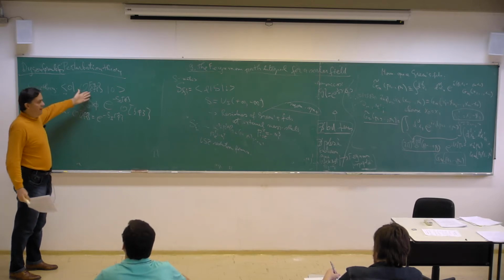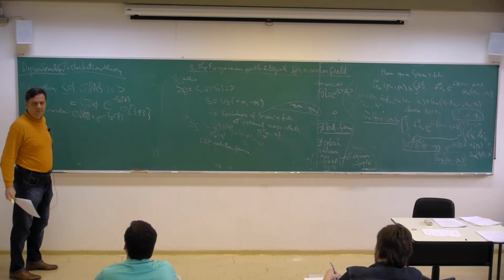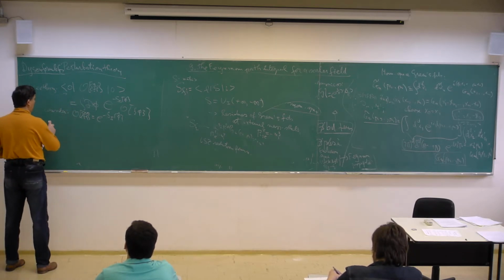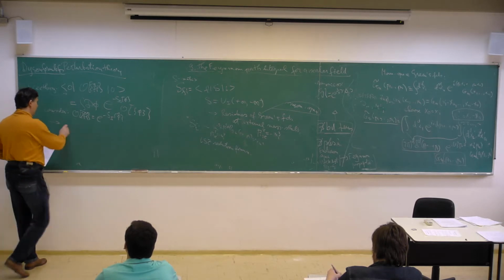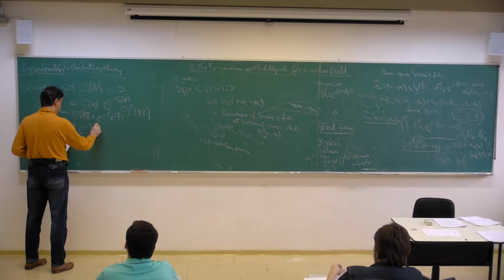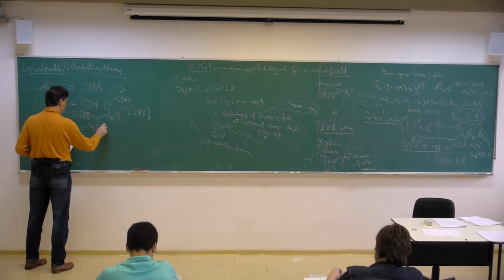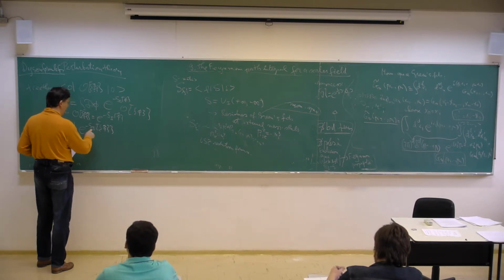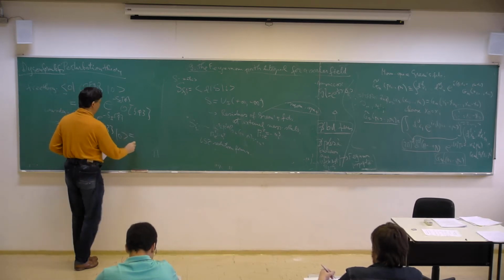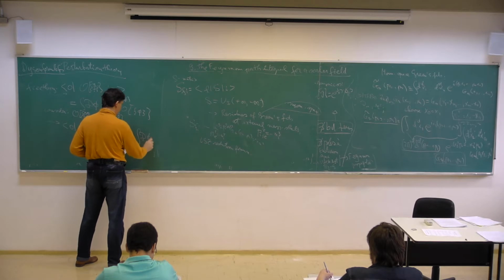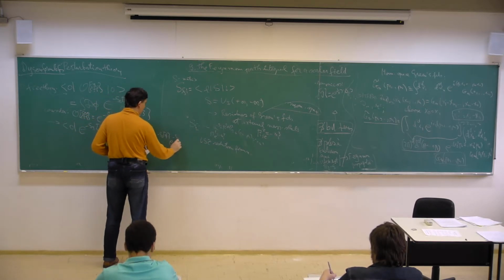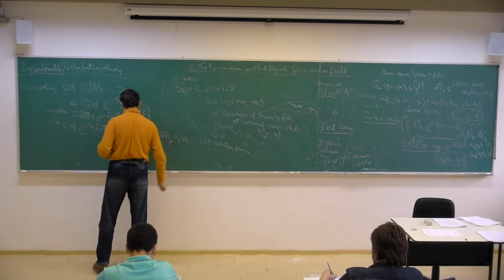That's some function of phi, lambda phi to the 4. So in this case, I would obtain that the VEV of e to the minus interaction piece, depending on these phi's, is equal to that integral of e to the minus S0 of phi, e to the minus S_I of phi. Right?